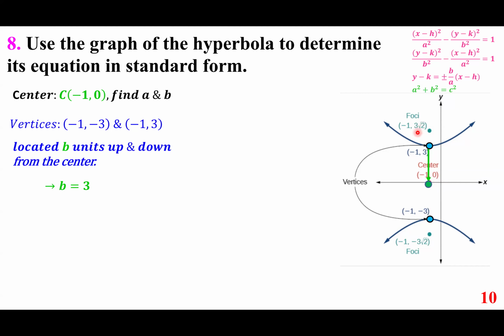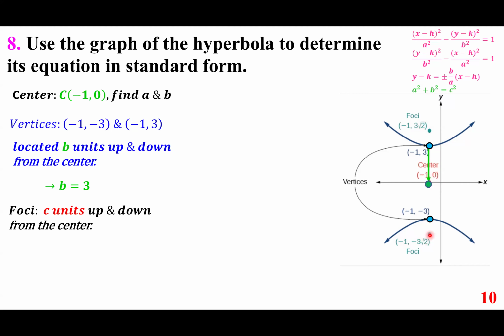The foci are (-1, 3√2) and (-1, -3√2). There are two of them, and they are located c units up and down from the center. Therefore, if this distance is c, that means this distance is 3√2.